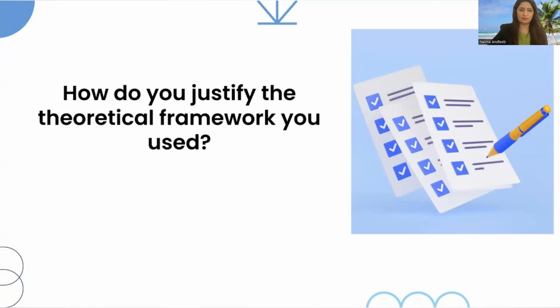It's one of the very important questions. They can ask you to justify your theoretical framework, how you integrate your theory with your framework, how you chose your theory, and what strategies you used to find this theory. You always need to respond from the literature, explaining how you found the theory from the literature related to your framework.